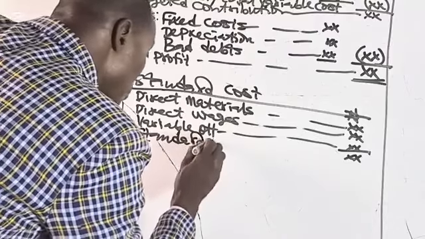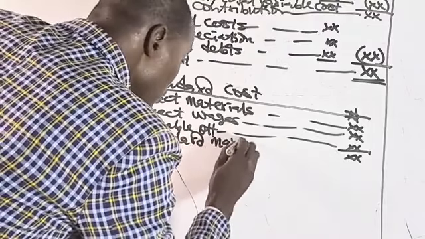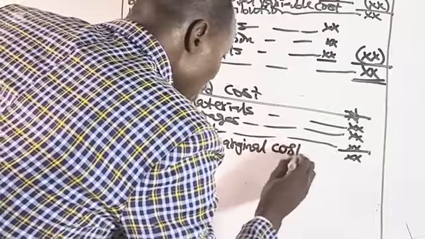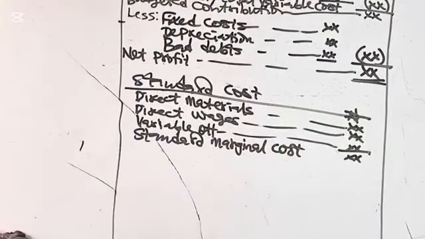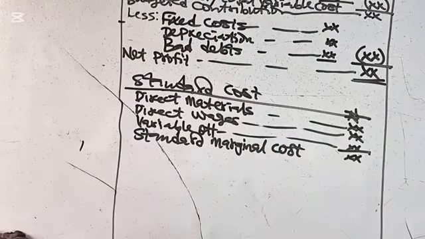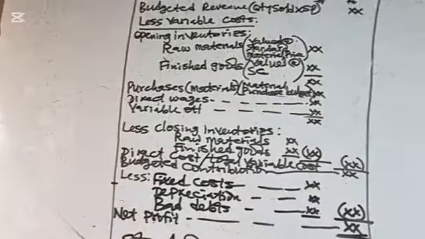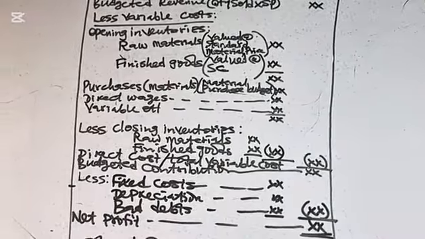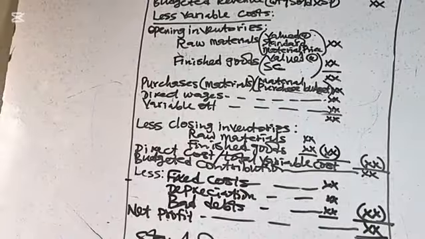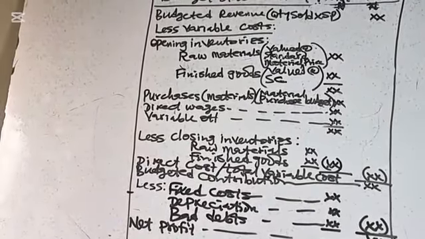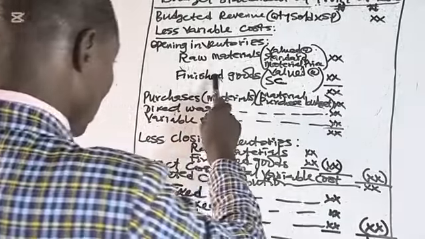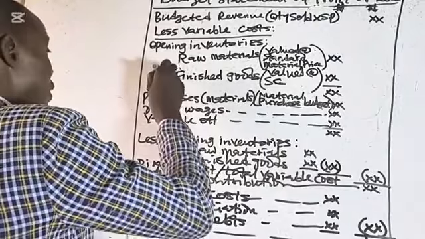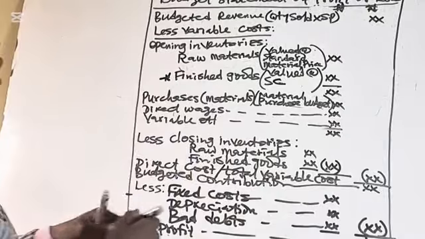Standard marginal cost. It is this standard marginal cost that will be used to value your inventory if you are using marginal costing school of thought. That is your inventory of finished goods. I'm particular about valuation of the inventory of finished goods.